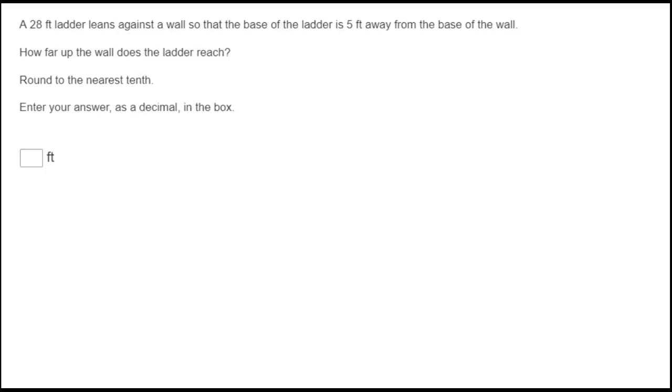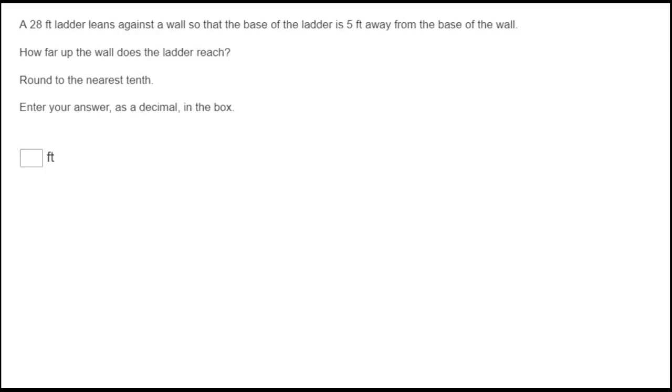The first question says, a 28-foot ladder leans against a wall so that the base of the ladder is 5 feet away from the base of the wall. How far up the wall does the ladder reach? Round to the nearest tenth and enter your answer as a decimal in the box.